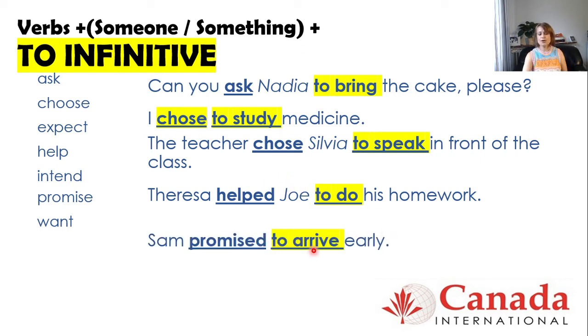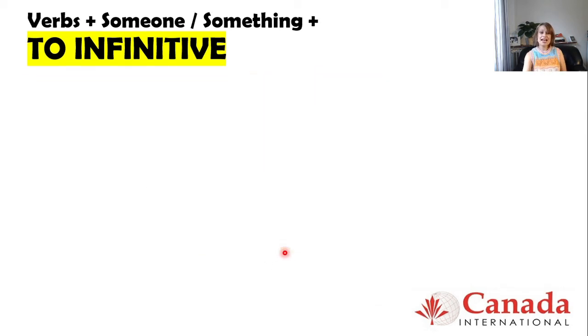Sam promised to arrive early. In this case, there is no direct or indirect object. We have just the two verbs there. Promised to do something. Next. Now, the next list of verbs, yes, requires an indirect object or a direct object.